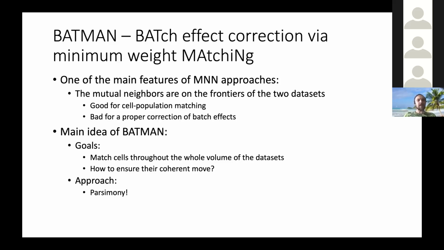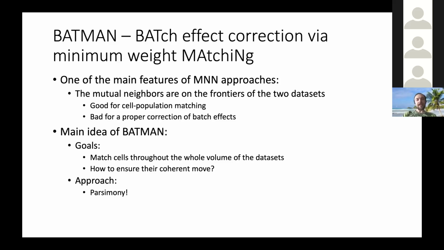This means that there is a so-called kissing effect. This is good for cell population matching, when we want to maybe transfer labels from one data set to the other one, but it's bad for a proper correction of batch effects, since it will create a situation where the batch effects will be undercorrected.